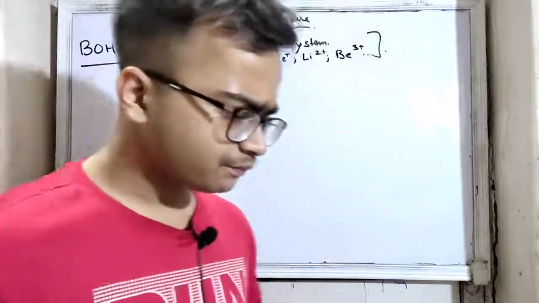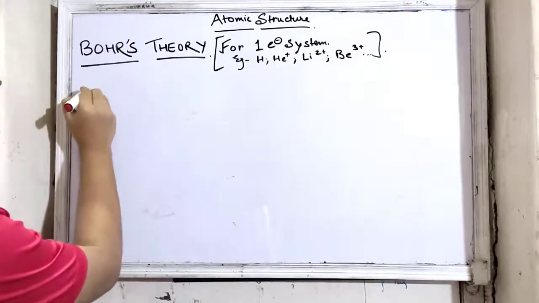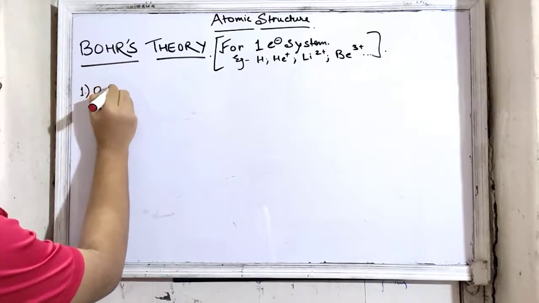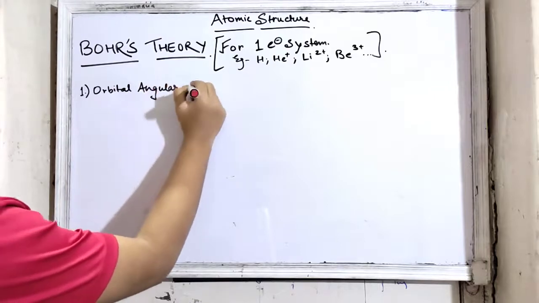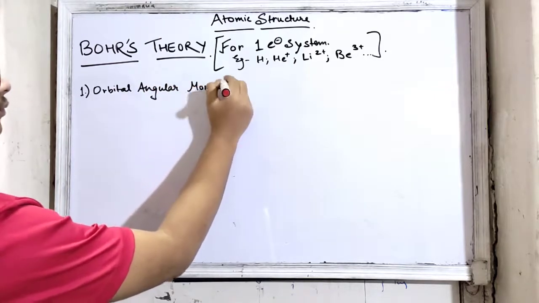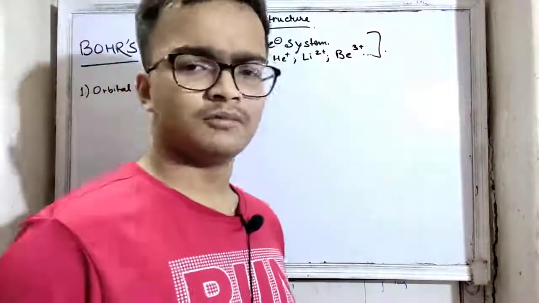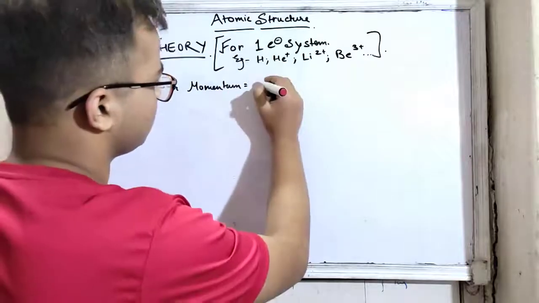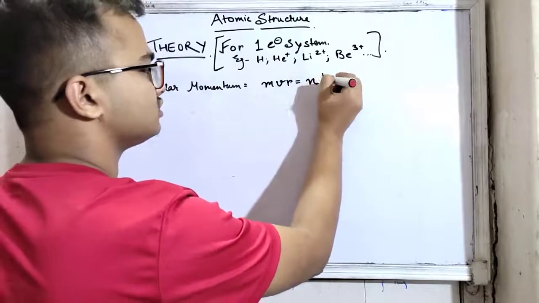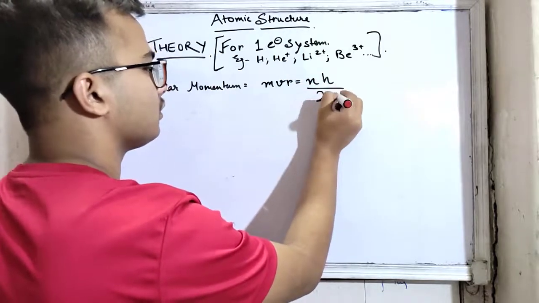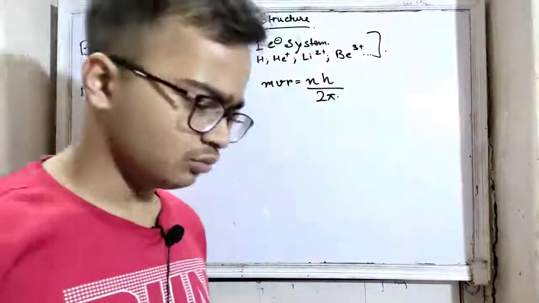So number 1, the formula for orbital angular momentum, which Bohr gave. We know it's mvr equal to nh by 2 pi.